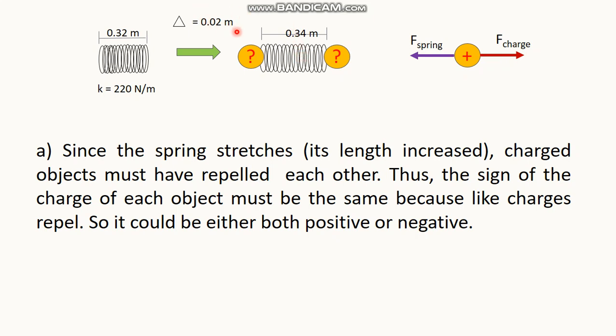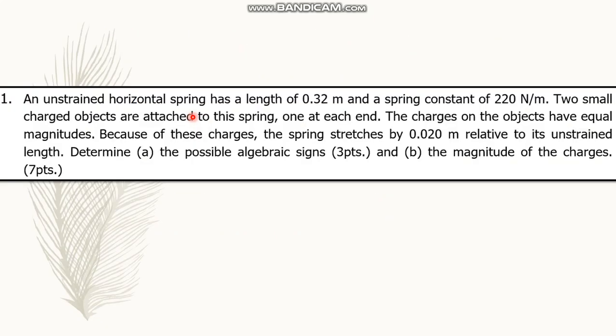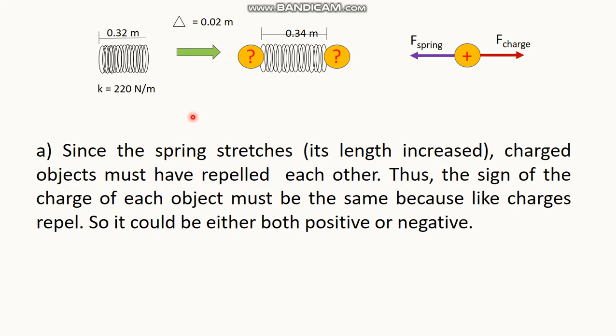We have a 0.02 meter increase of its length, and the spring constant is 220 newtons per meter. So since the spring stretches, the charged objects must have repelled each other. Thus, the sign of the charge of each object must be the same because like charges repel. So it could be either both positive or both negative. So those are the possible algebraic signs.